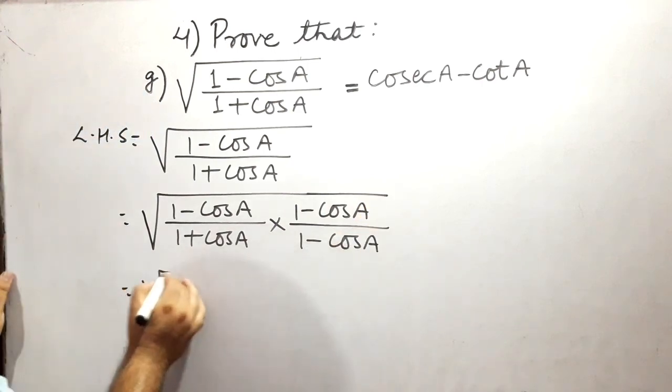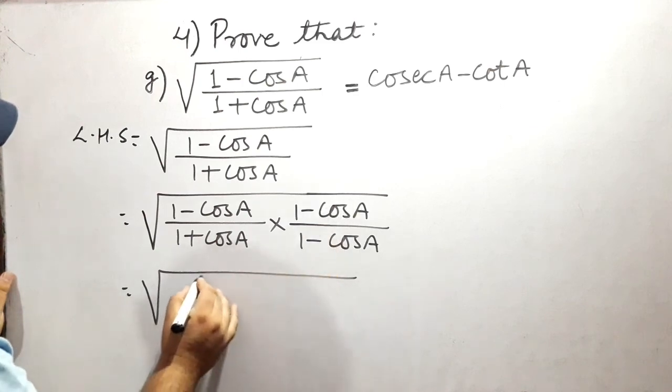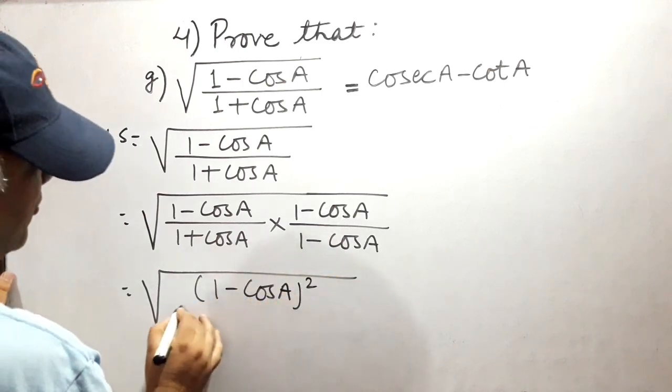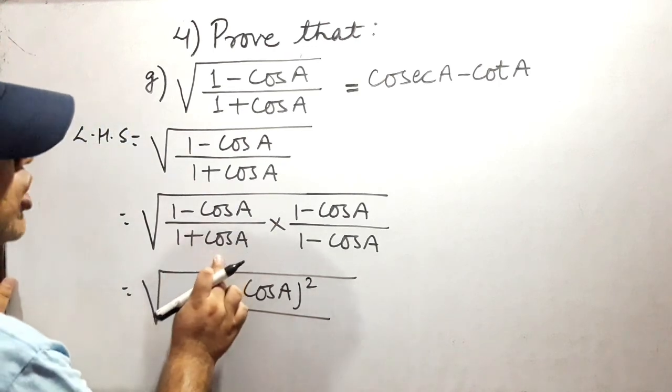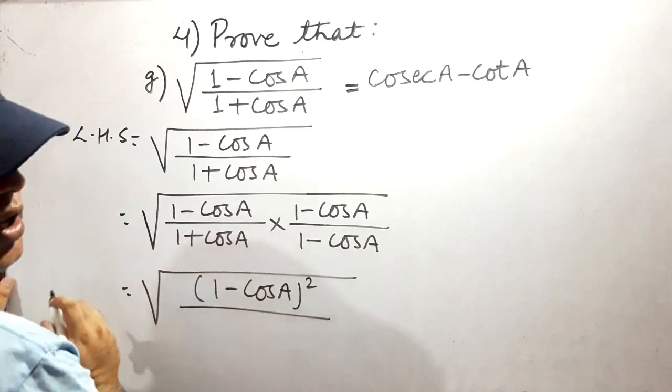Root under (1 minus cos A) into (1 minus cos A) would be (1 minus cos A) whole square, by (1 plus cos A) into (1 minus cos A). (A plus B) into (A minus B) is A square minus B square.